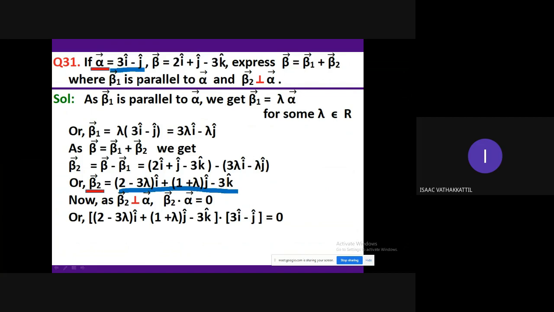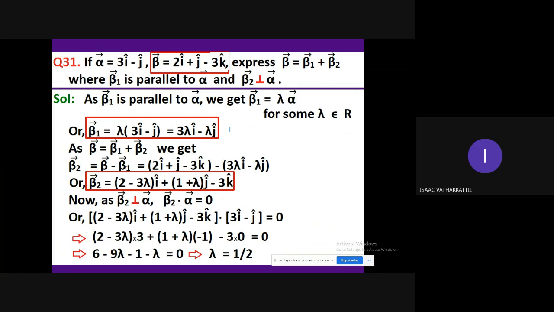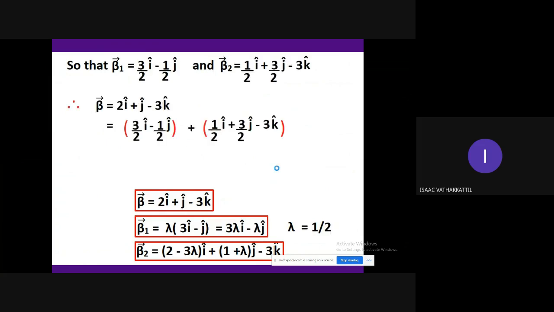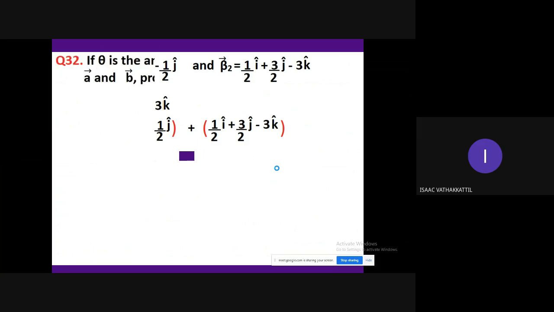Their dot product is (2 minus 3 lambda) into 3, plus (1 plus lambda) into minus 1, plus minus 3 into 0. From here we are getting lambda equal to 1 by 2. Putting the value of lambda here, we get beta 1, and beta 2. Beta 1 and beta 2 we get, and beta is written as beta 1 plus beta 2.